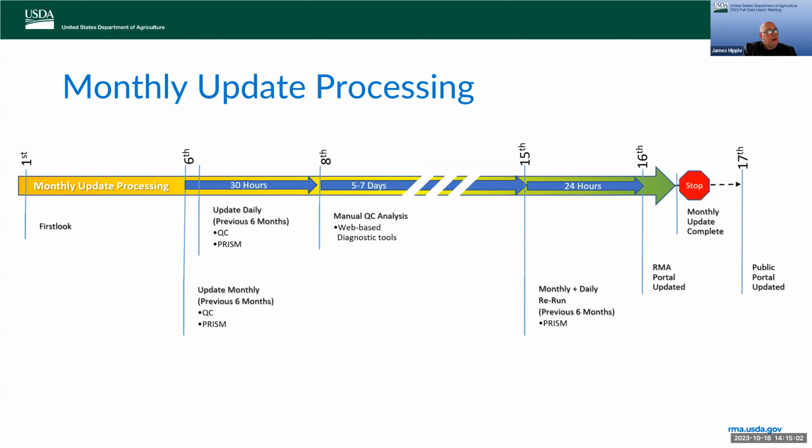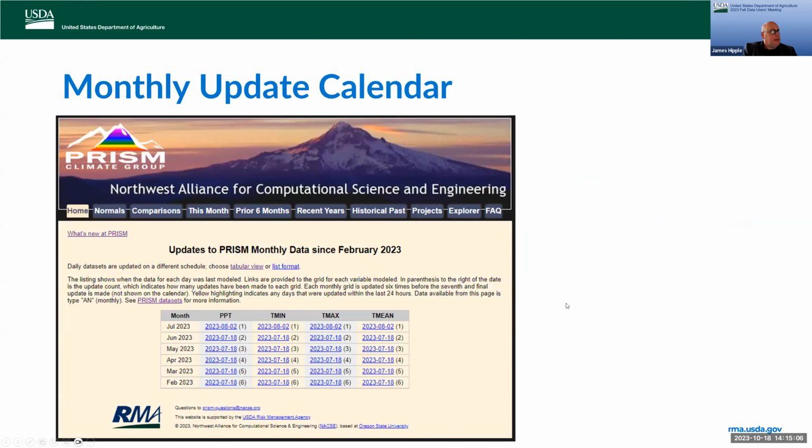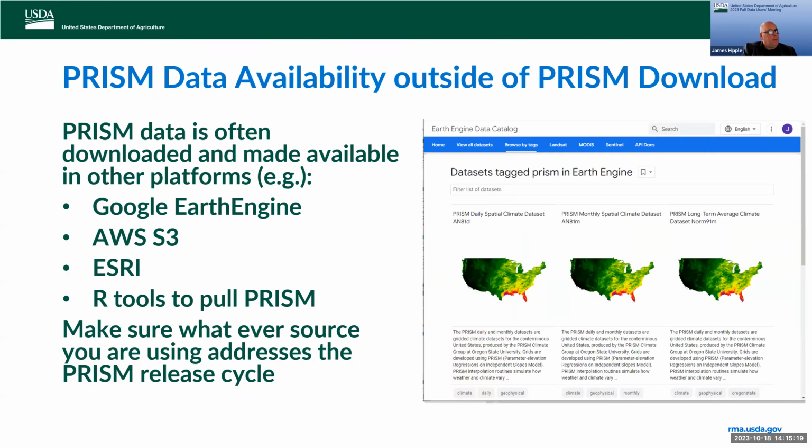PRISM data is, again, available in another view. For the monthly data, you could look at it in a tabular view or a list format and access the information that way. And if you're looking at PRISM data availability outside of the PRISM download, we see it on Google Earth Engine.